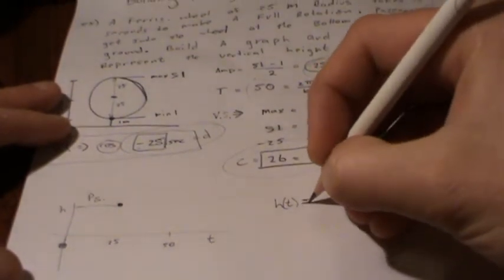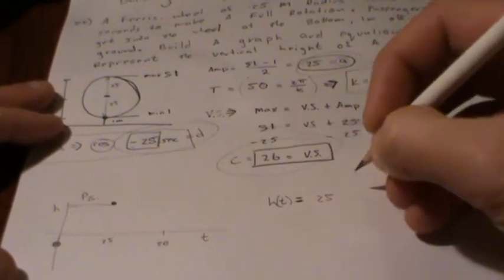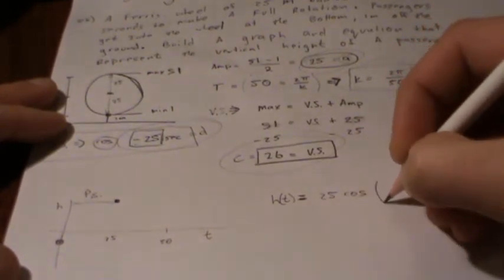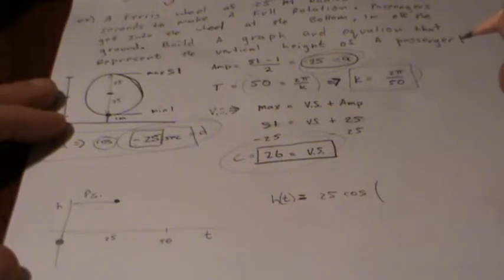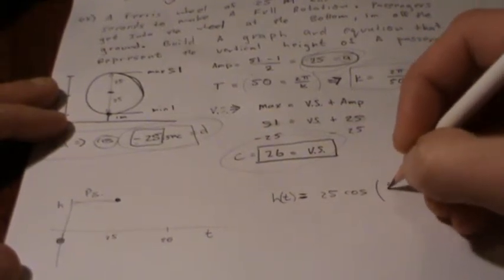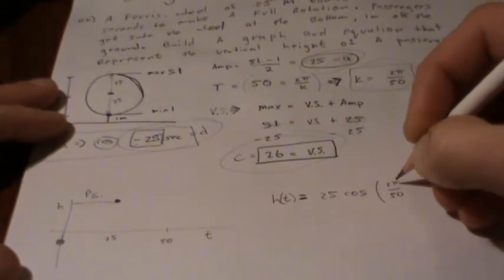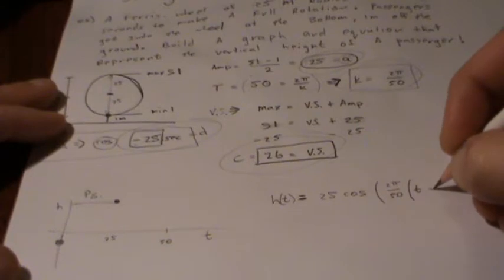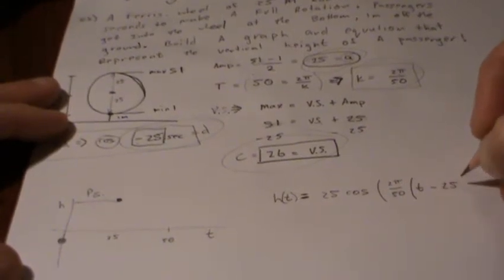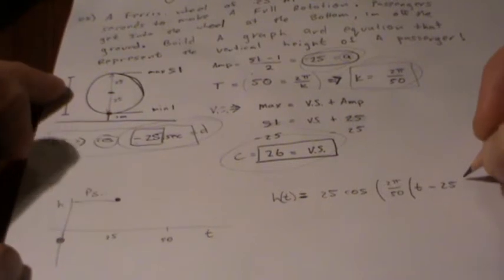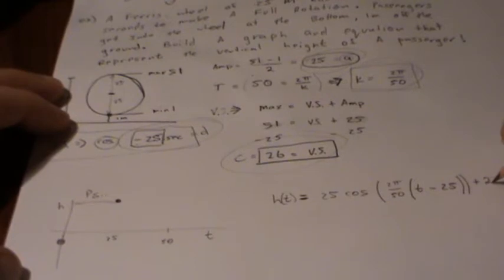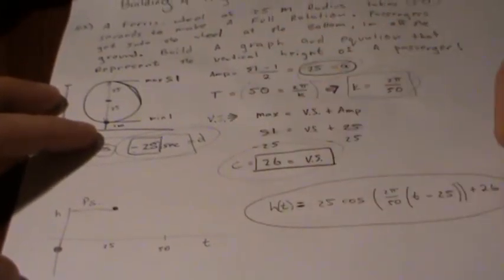Alright, and so now what I'm going to do is place in my A value, 25, cosine of the K value, which is 2 pi over 50. We can reduce that to pi over 25 if we want. t minus 25, that's my D value, and plus 26.